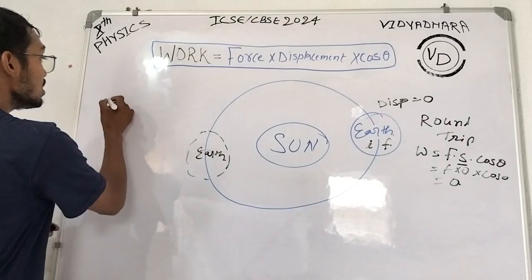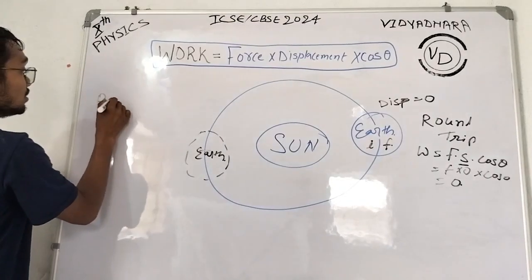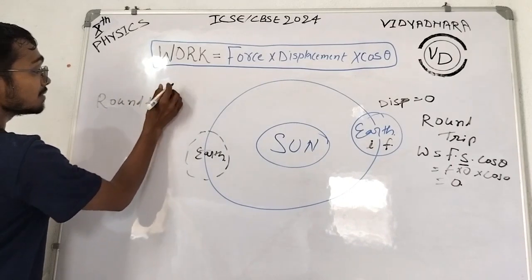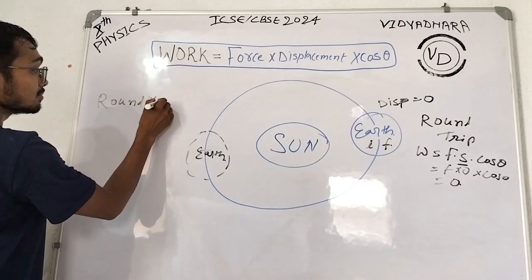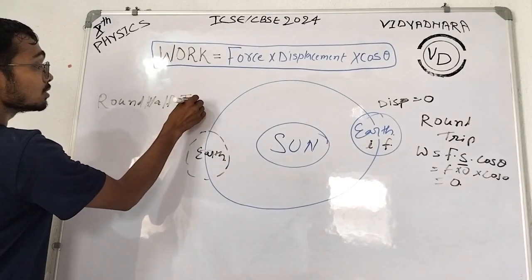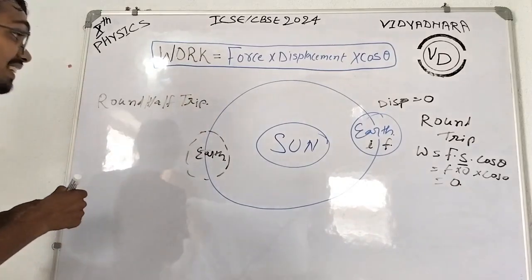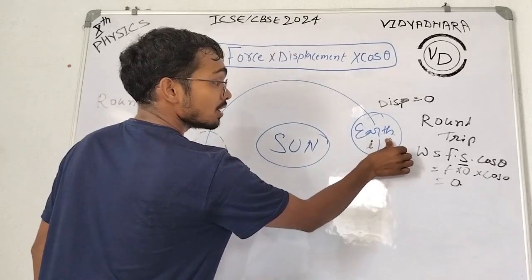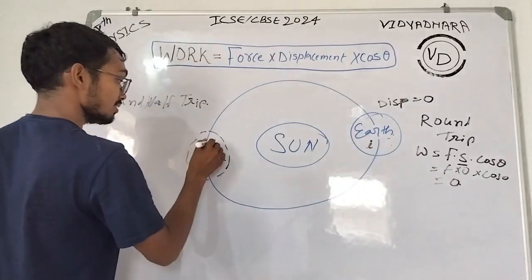What is a half trip? Here, this is the initial position and now the final position is that.